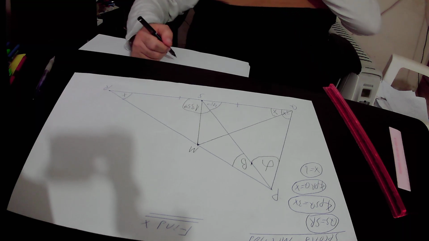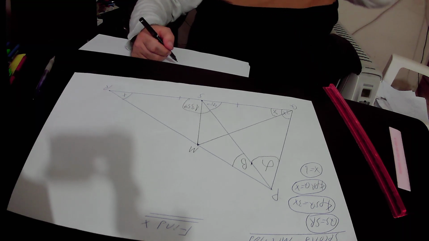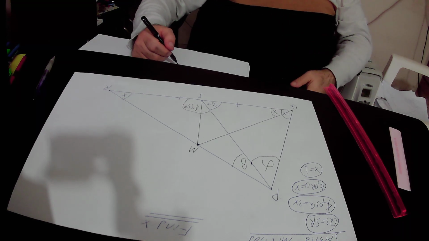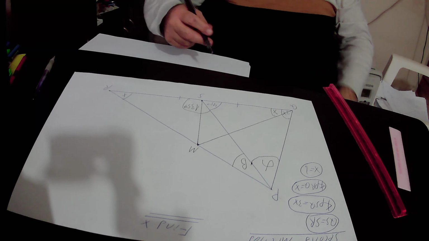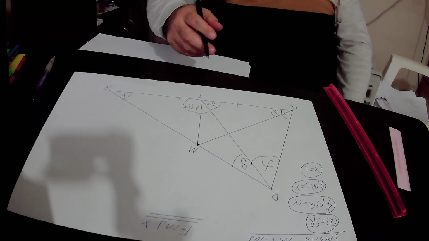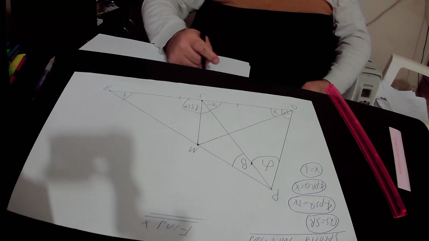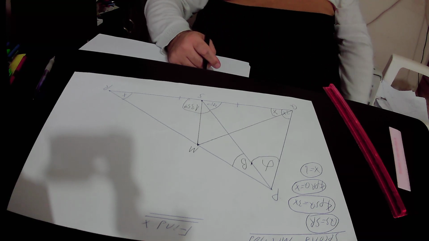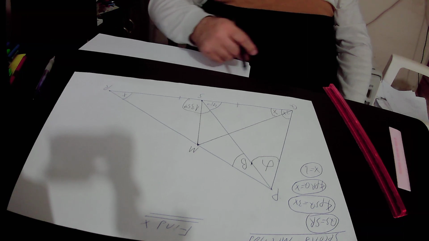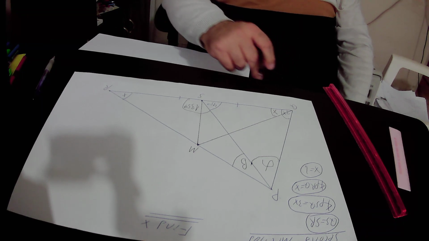So here MS is the median to the base of the isosceles triangle QMR.